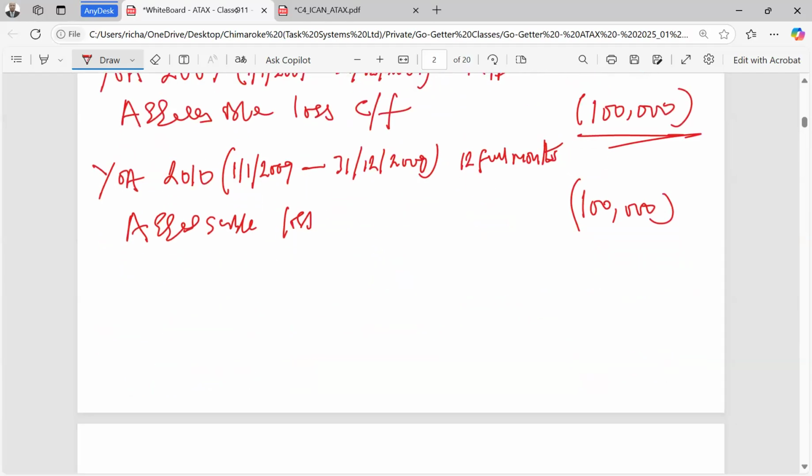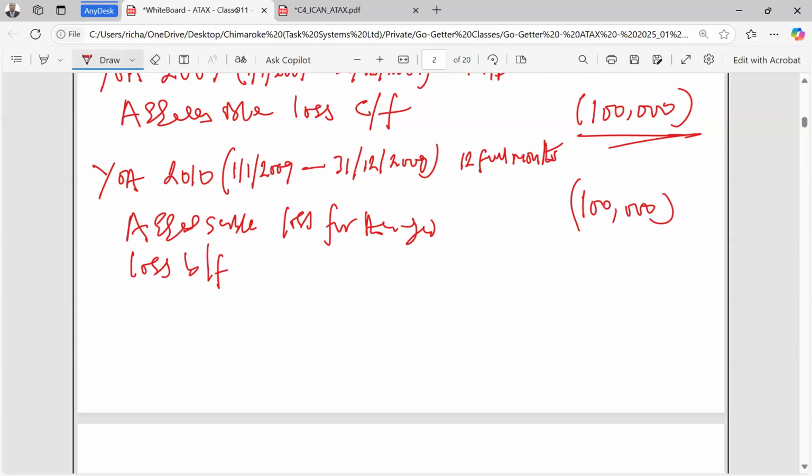Then we will say loss for the year. Okay, sorry, this accessible loss for the year. This is loss brought forward. So it's a carry forward loss. So this is loss brought forward. Now it is this 100,000 that was carried forward that is being brought forward.